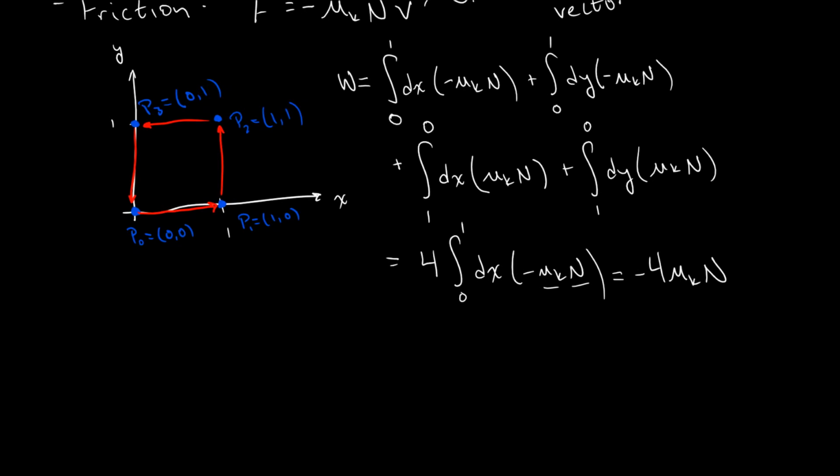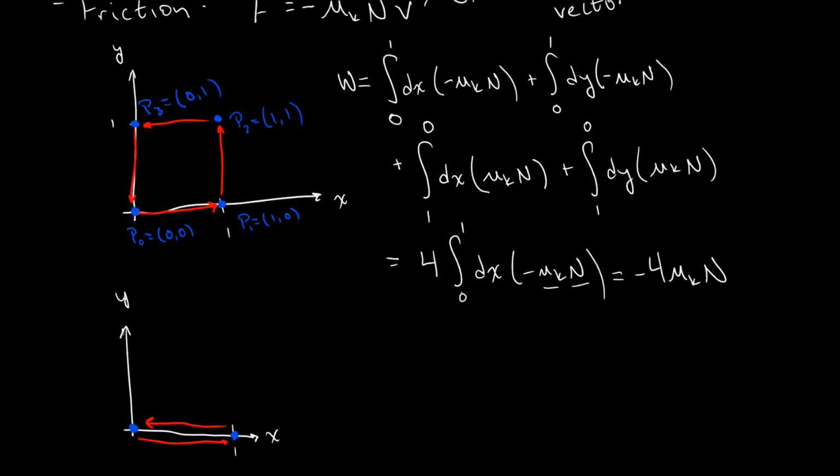Okay, now let's consider a similar thing, but a different path. And this time we'll consider a more direct path. Again we'll keep the start and end point the same, at P0, but in this case, let's just go out to P1, out to x equals 1, and then just turn around and go right back.